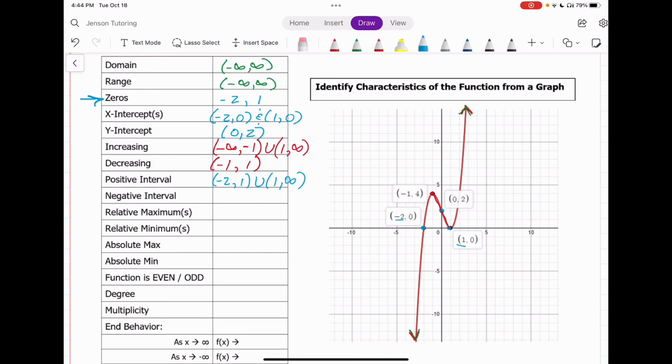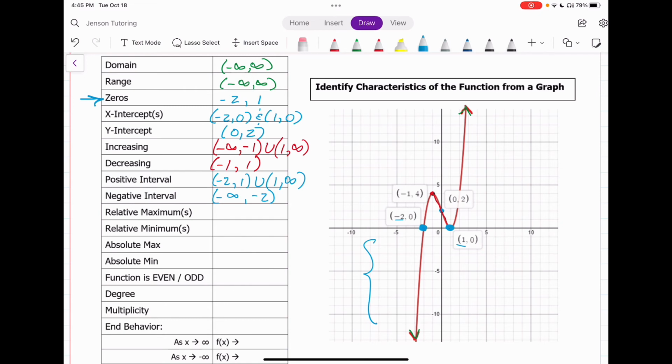And then where is the graph negative? The graph is negative down here, which would be negative infinity until I get to x equals negative 2.